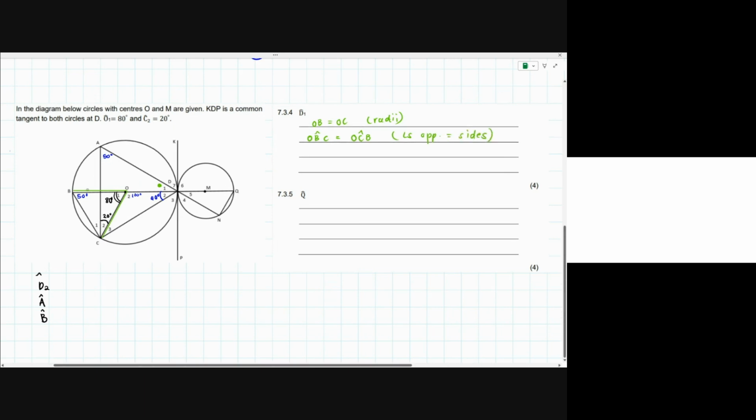Nice. Okay, so exactly. These green lines, radii, which means this whole angle is equal to that whole angle. So if these are both equal to 50, that therefore means that C1 must be equal to 30. And if you look at your bow tie here, C1 and D1 are angles in the same segment. So D1 equals 30, angles in same segment. Right, okay, so we have this as 30 degrees now.